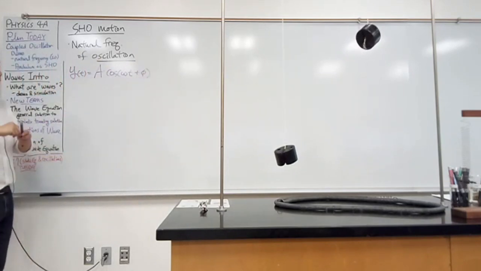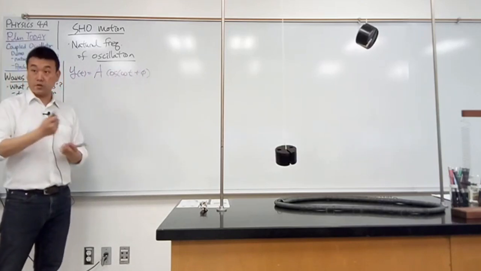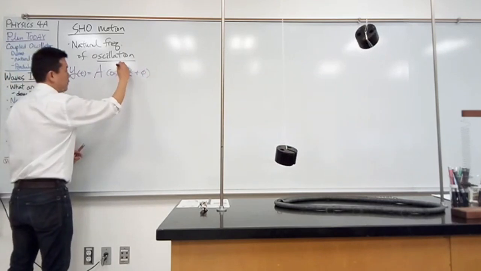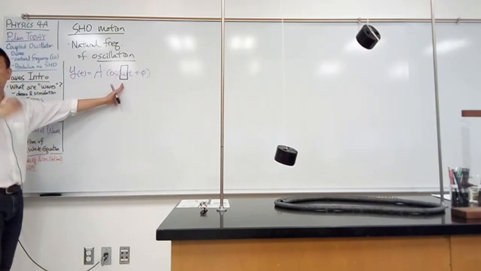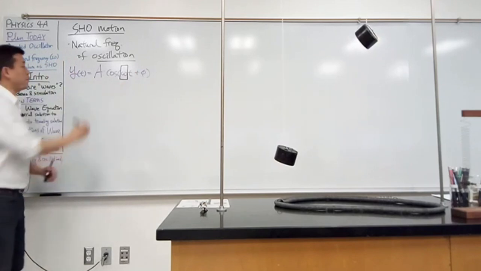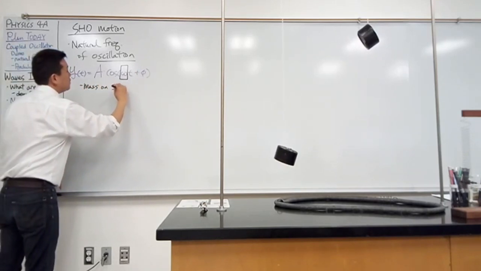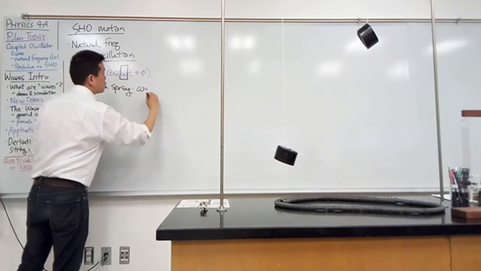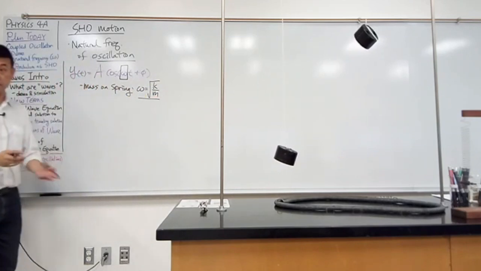What you saw last time was that a lot of these parameters were undetermined, except one. The angular frequency here was determined by the equation of motion. So for mass on spring, you saw that omega was equal to the square root of k over m.